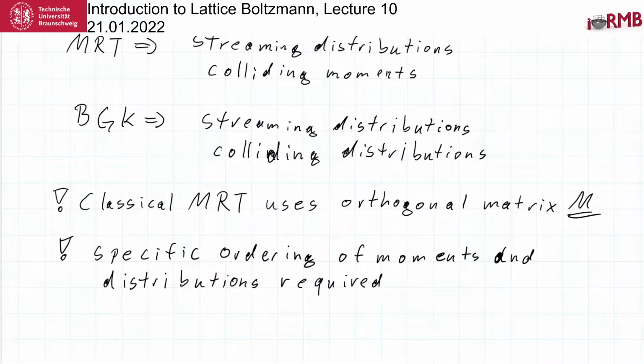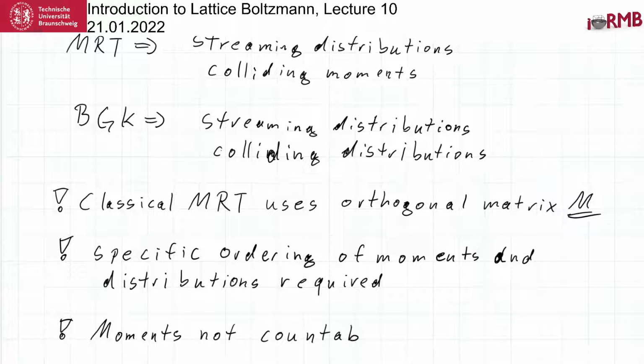So in this setting, the moments behave a little bit different from the way we learned it in this lecture, because these moments are not countable anymore. Unless you say, okay, I count them, it's the first in the matrix and the second in the matrix and the third in the matrix, yeah.